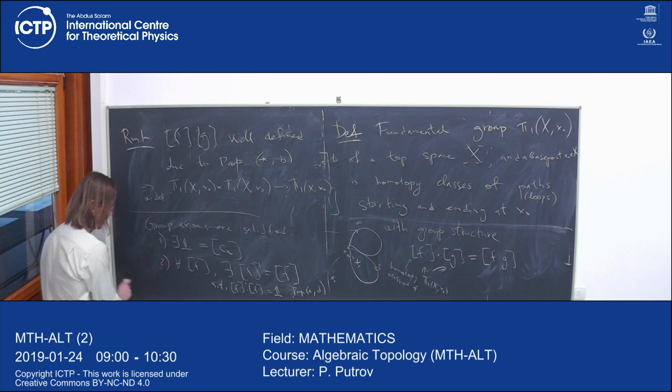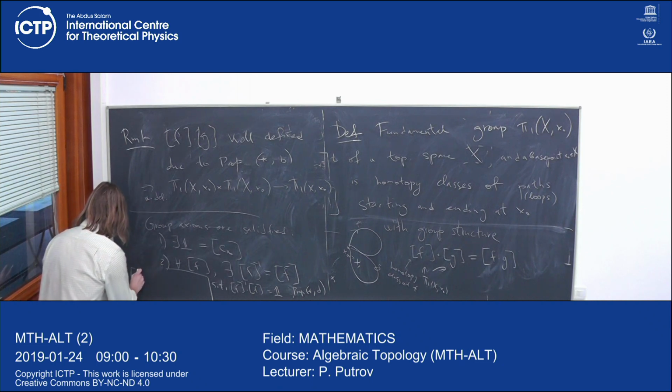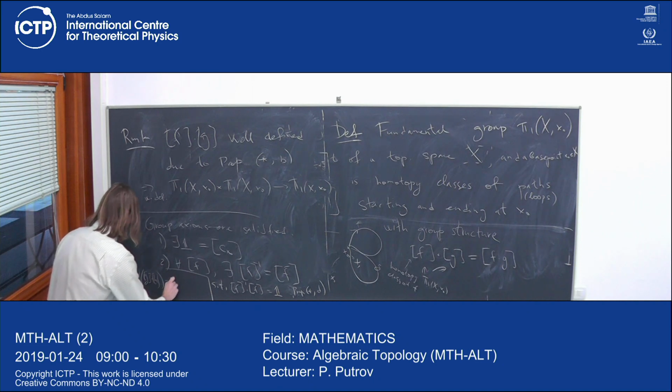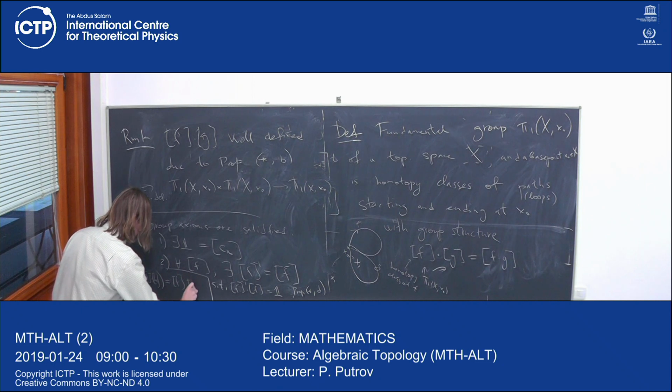And the last property we want to show is associativity. We can take multiplication in this order, or in this order of three elements, and this should be the same.